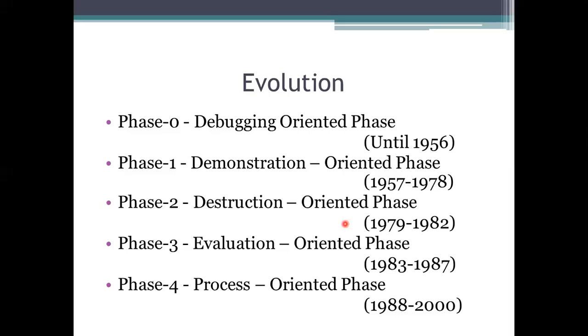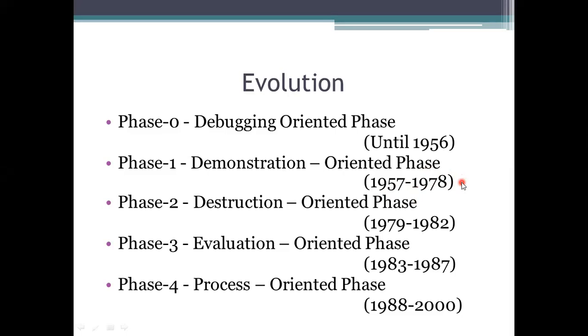While coming to the next phase, which is from 1957 to 78, it is called demonstration oriented. Here, the people around these years were declaring that the project or software which has gone through testing will work completely.